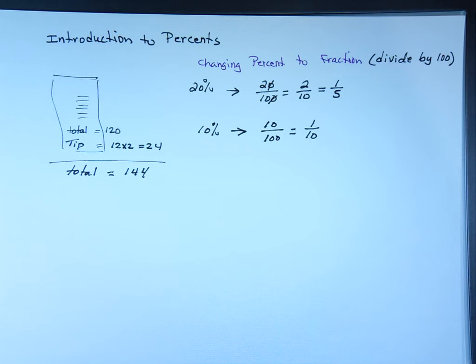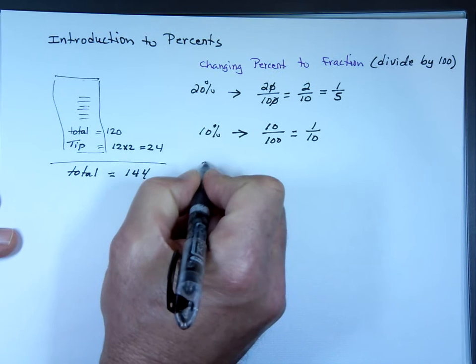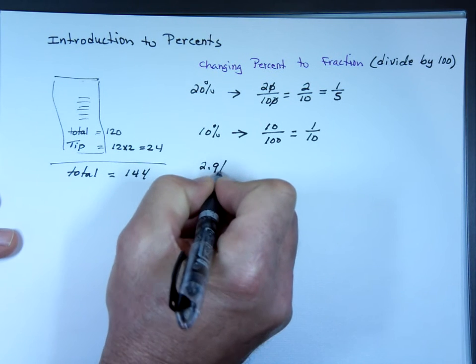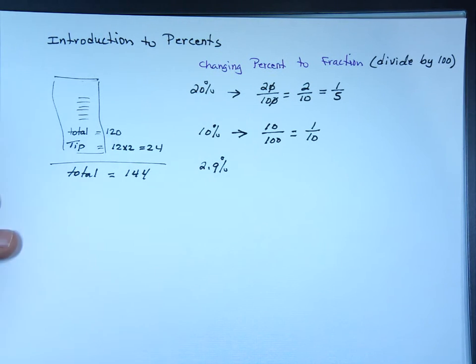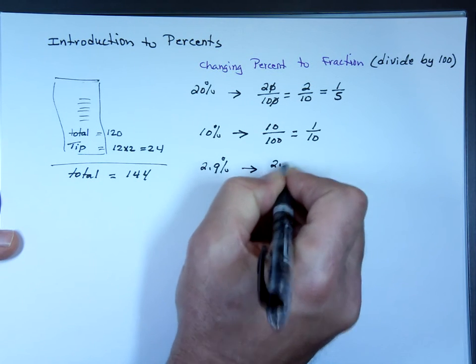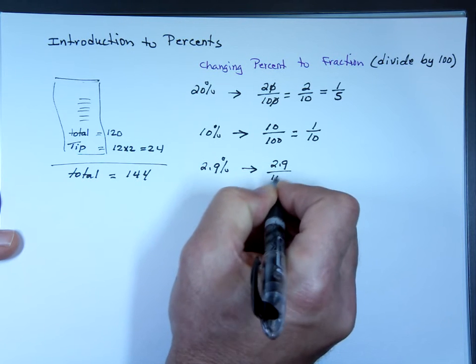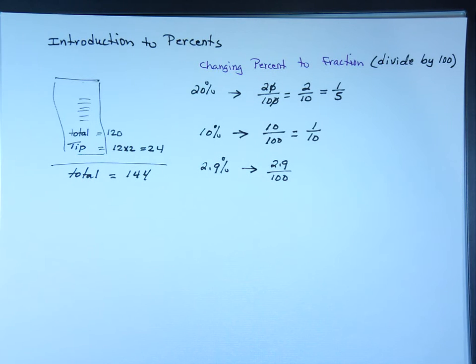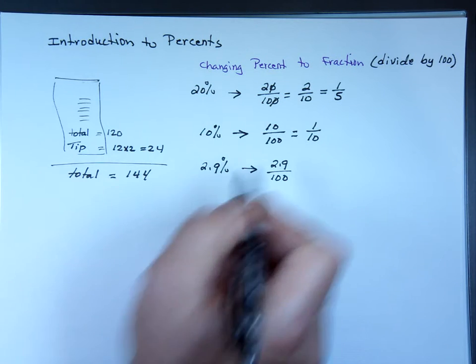What about if you're taking a loan to buy a car? Anyone know what the interest rate for a car loan is? For a new car, it might be 2.9%. Or even 0. But if it's 2.9, what is that as a fraction? That's 2.9 divided by what? By 100. Well, we can't leave it like that because we don't want to see decimal values here.